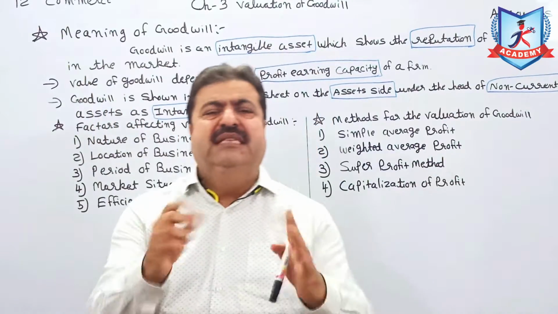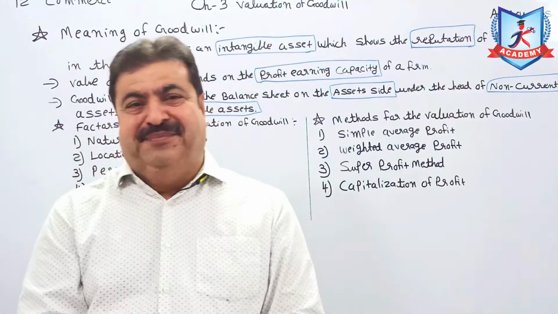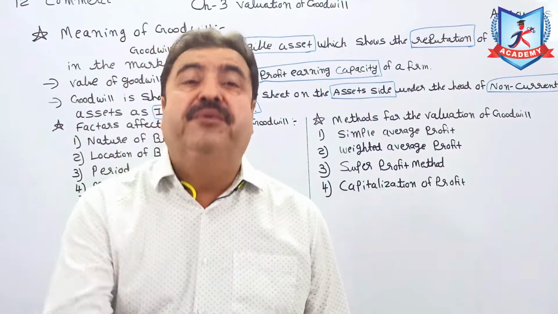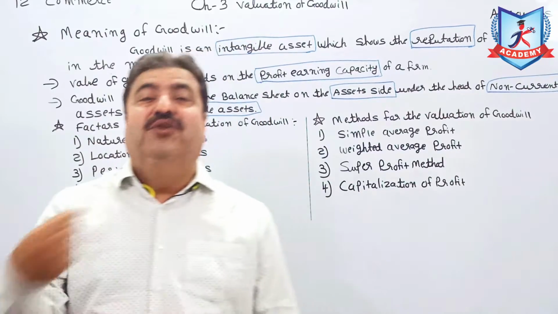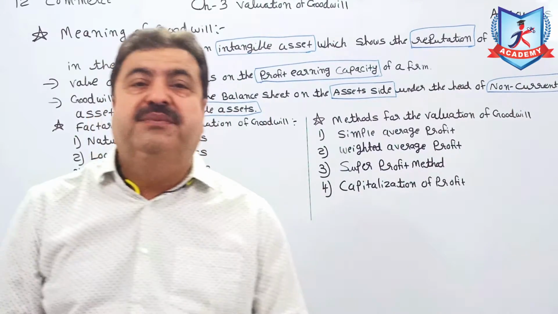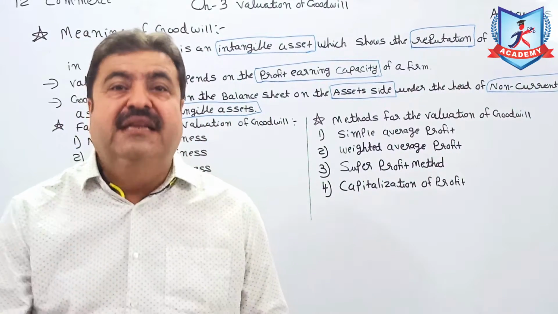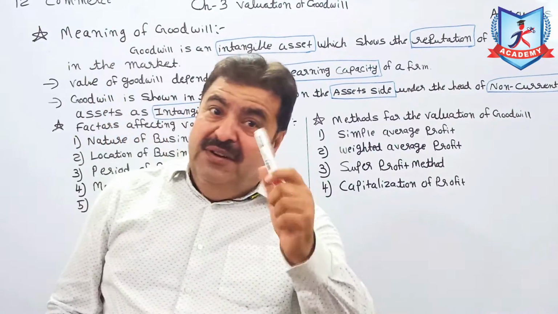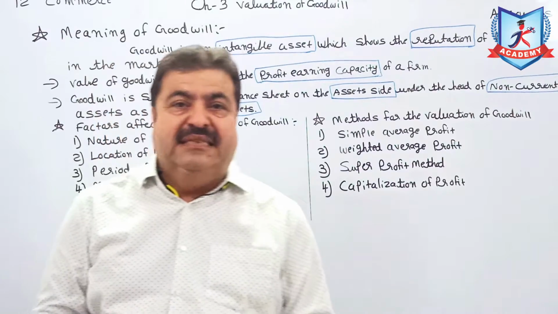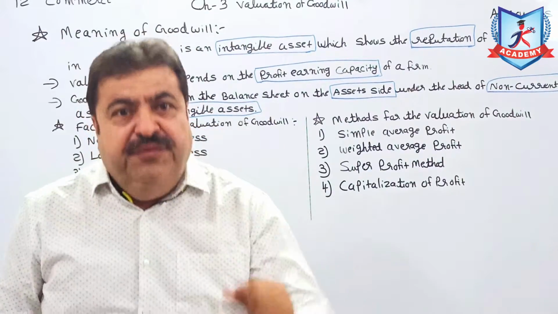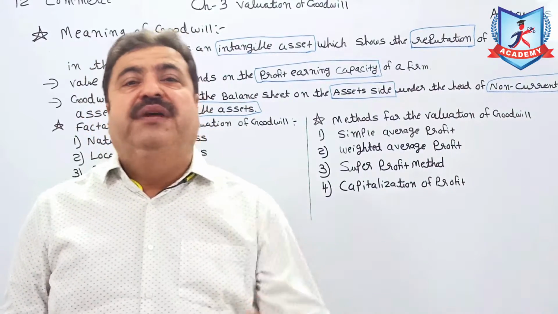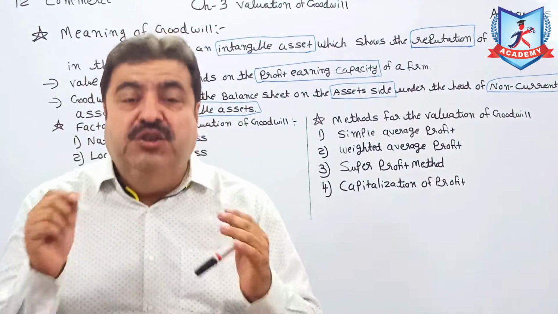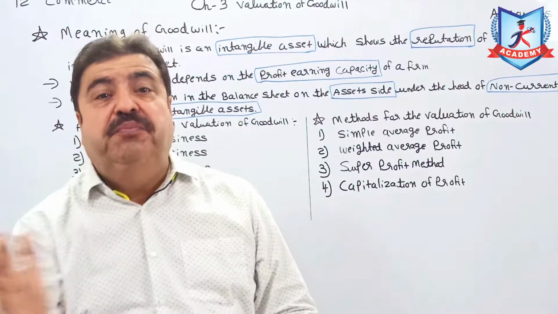Now what is the meaning of goodwill? Normally it is said, goodwill is a reputation of business, a prestige of the business, an impression of the business. But a very interesting definition is given. If you earn more profit than expectation, that is super profit.